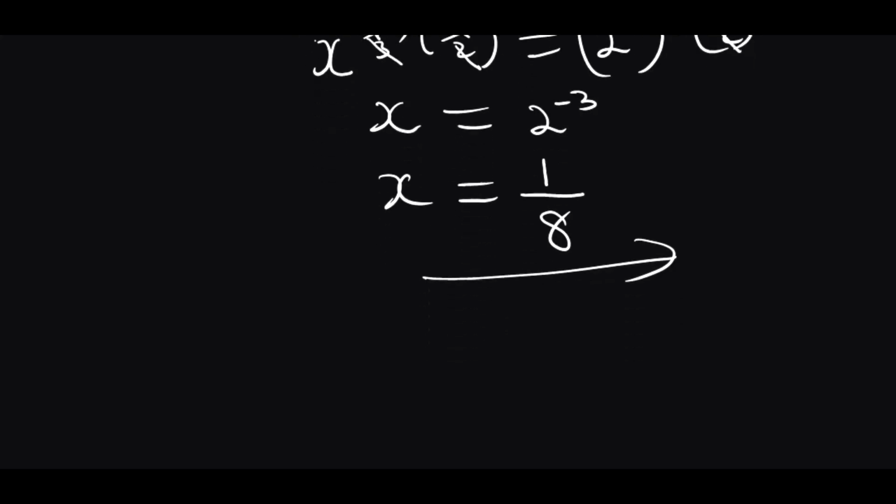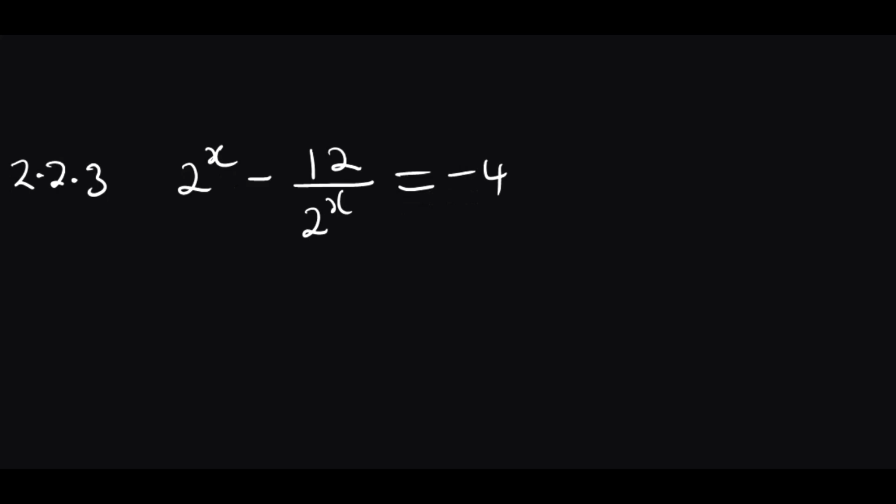Let's move on now. 2.2.3, where we have 2 to the power x minus 12 over 2 to the power x is equal to negative 4. Right.